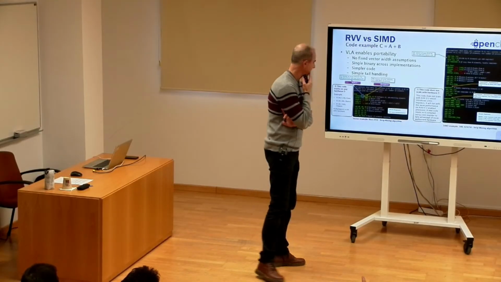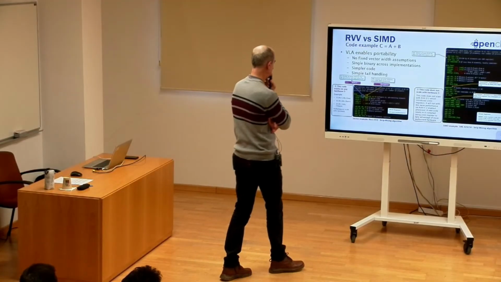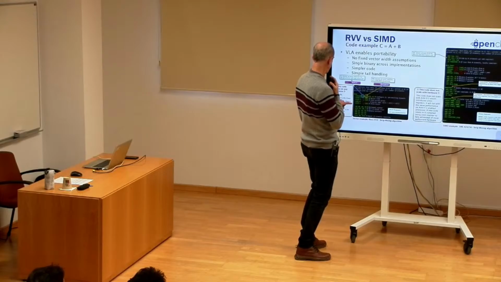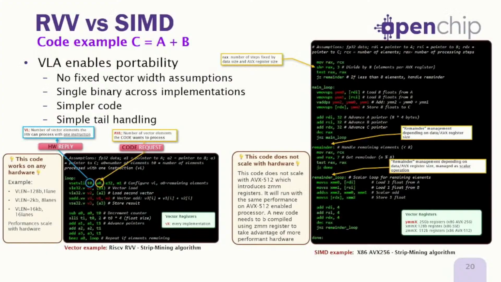Exactly. But the last operator is a mask, I think, or not? No, there is no mask here. It's simply that if the VL is shorter than the maximum VL, it's automatically masked.